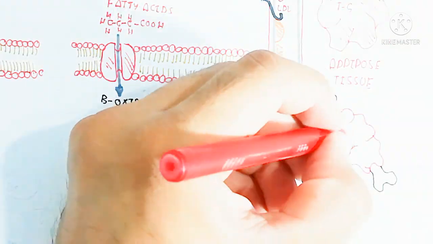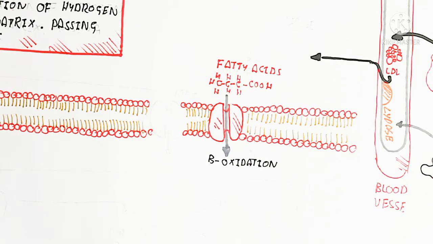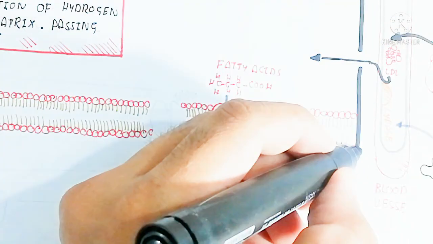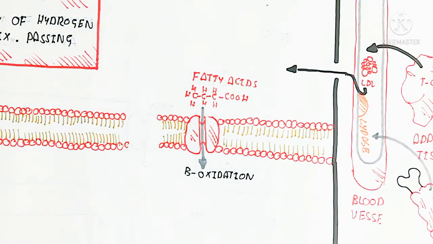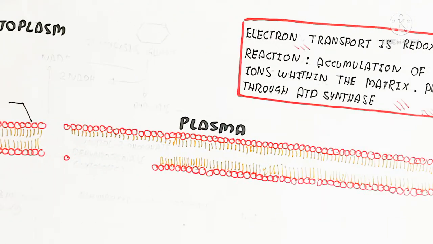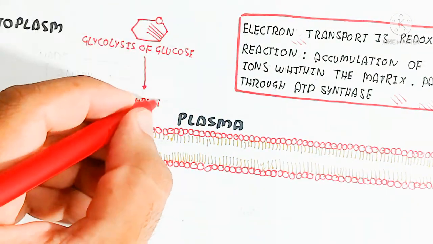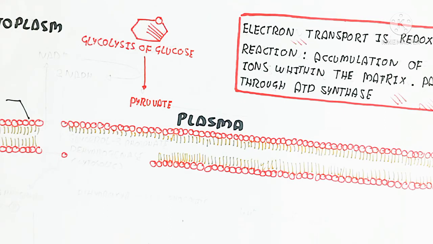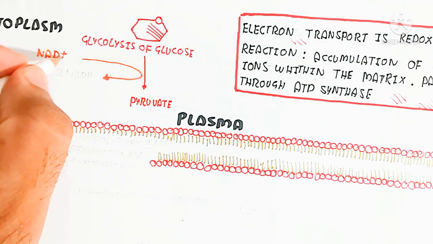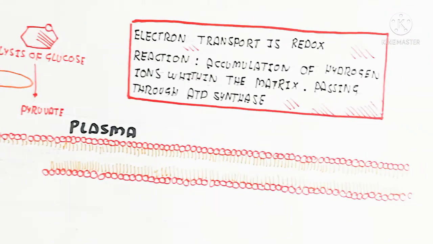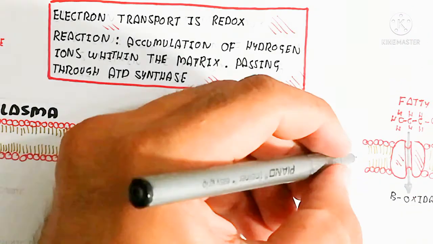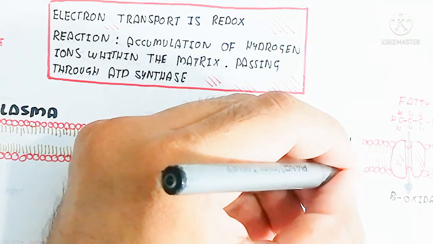So here the muscle tissue also produces glucose due to glycogenolysis. The glycogenolysis will produce the sugar, and the sugar in the cytoplasm will go into glycolysis. Glycolysis means the breakdown of glucose, and it produces 2 NADH in the cytoplasm.